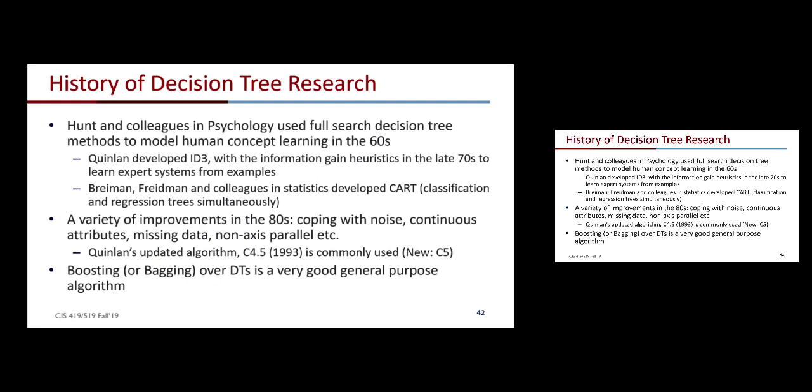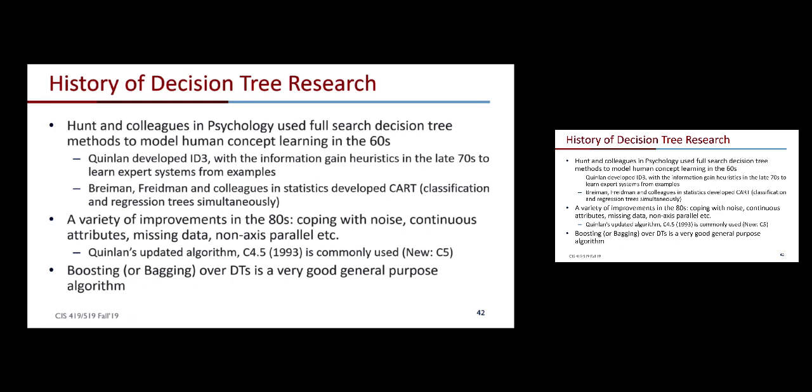It used to be the most popular algorithm used in machine learning. No longer the most popular one, but still a very, very good one. And as I said at the beginning when I started, if you're looking for a general purpose learning algorithm, probably decision trees as a component and boosting or bagging or some kind of averaging a lot of decision trees, we're going to go into the details of that, is probably the best general purpose learning algorithm you want to use.